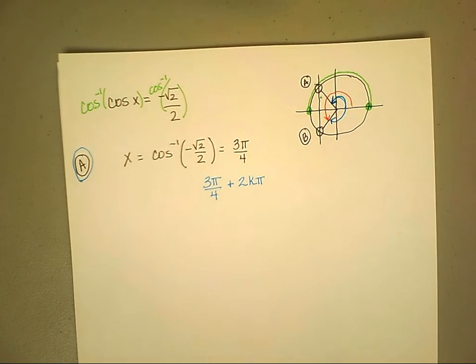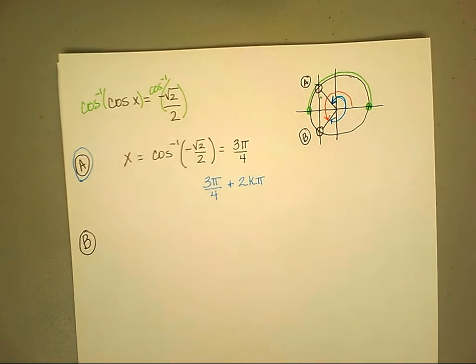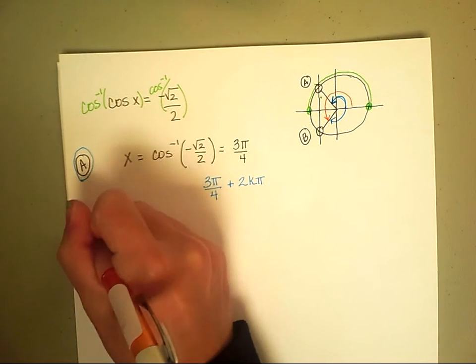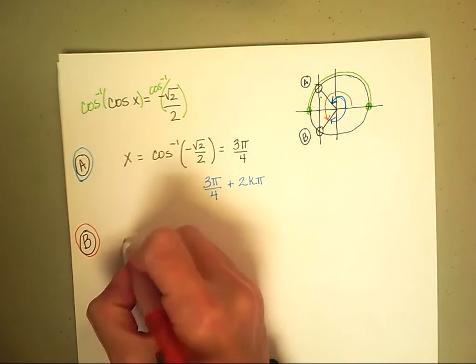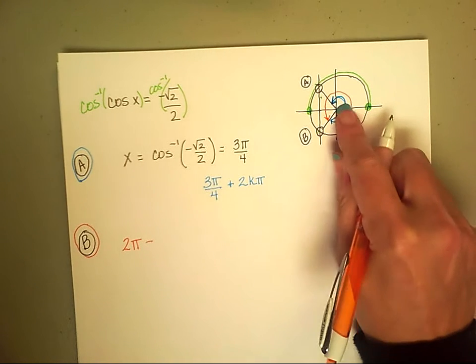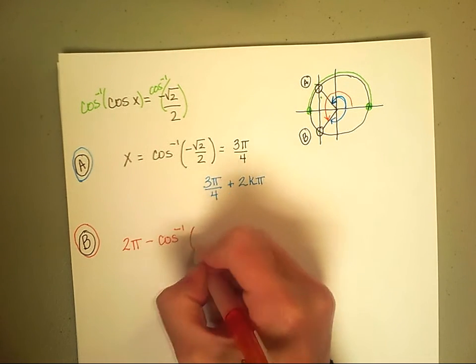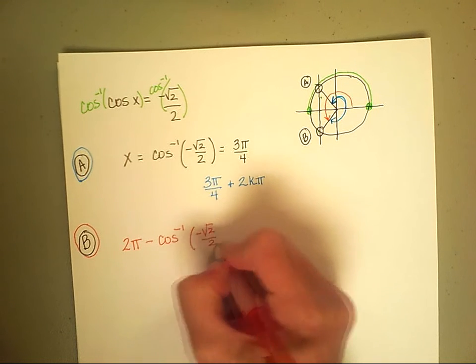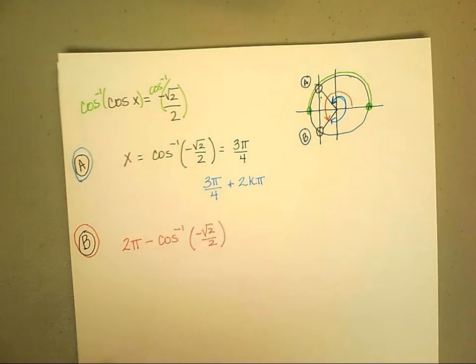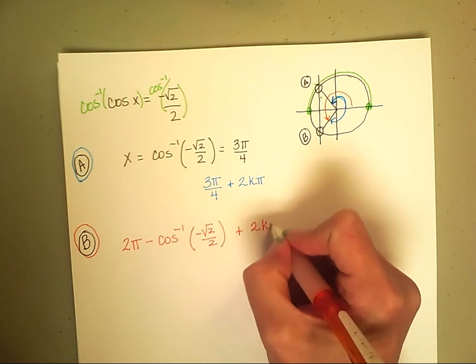So B must be the complete rotation 2 pi minus this little bit in blue, which we said was the inverse cosine of negative square root of 2 over 2. And then, of course, we would put any looping on it, 2k pi.